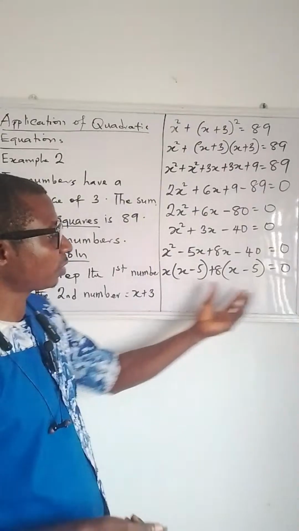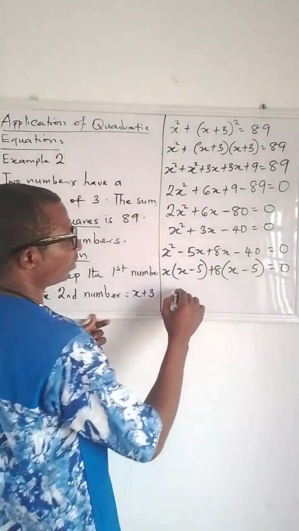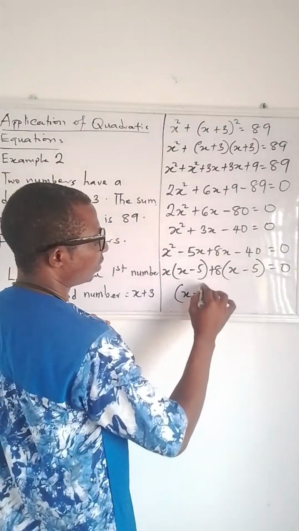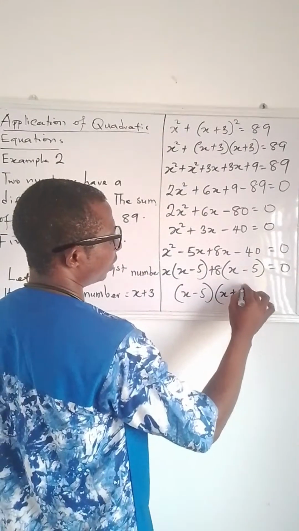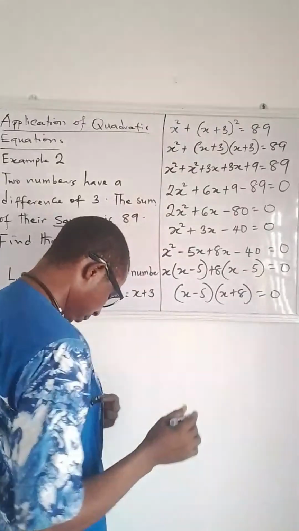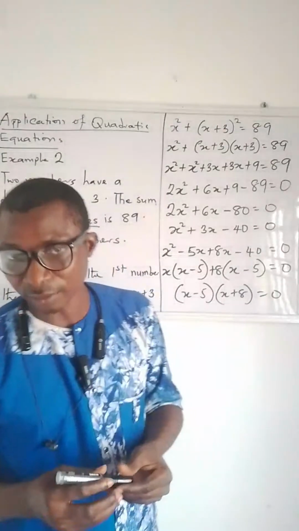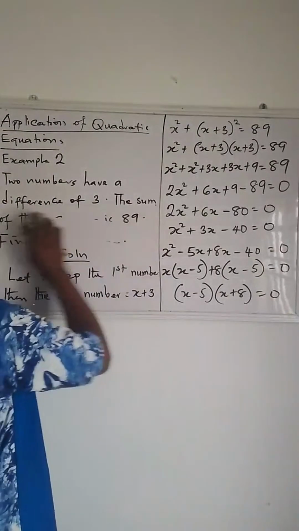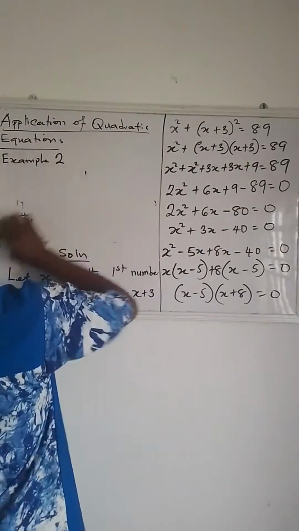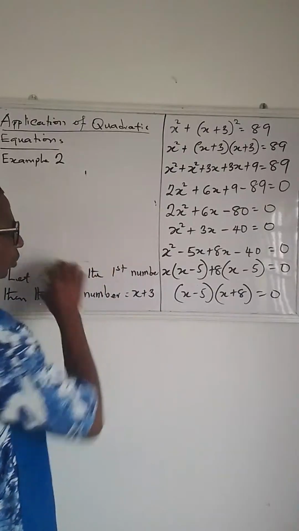Okay, so now what is common? We have x minus 5, and you are left with x plus 8 equals 0. Okay. Now, what's the next thing to do?